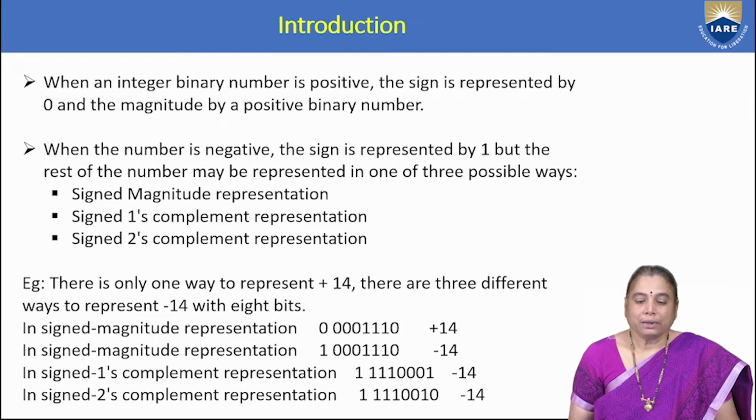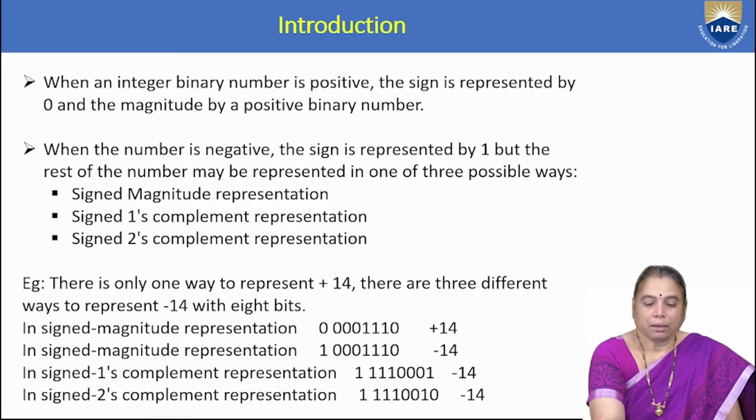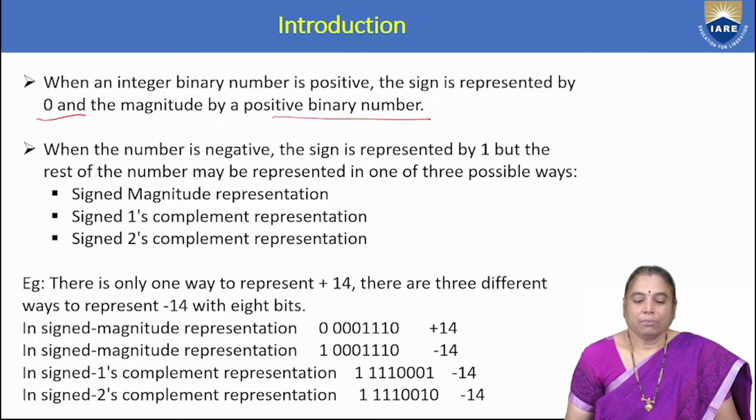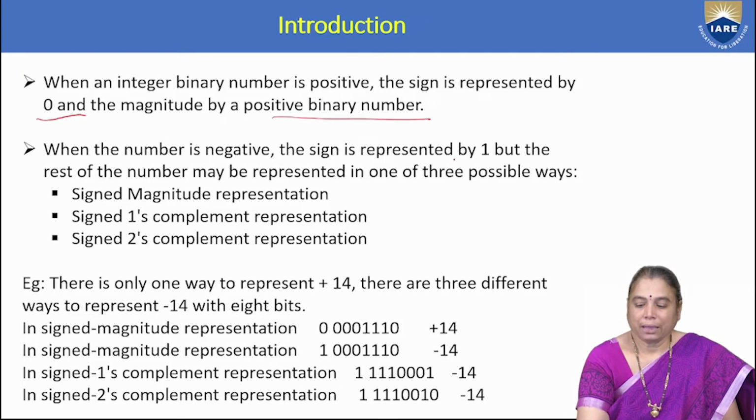So when an integer binary number is positive, the sign is represented by 0 and the magnitude by the positive binary number. When the number is negative, the sign is represented by 1.